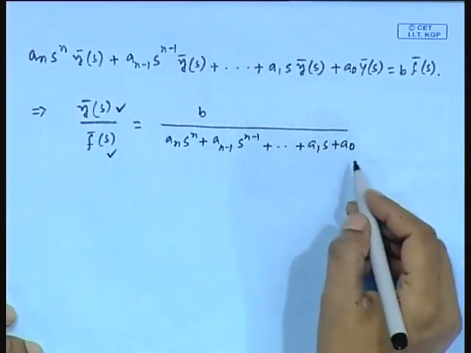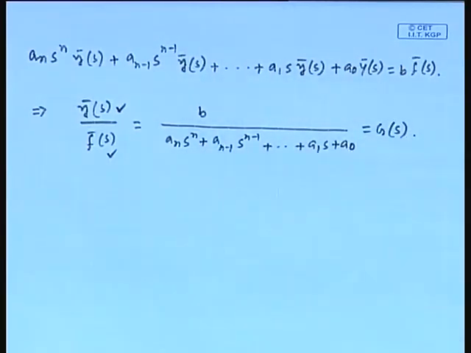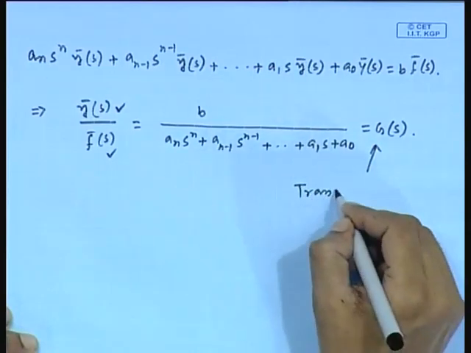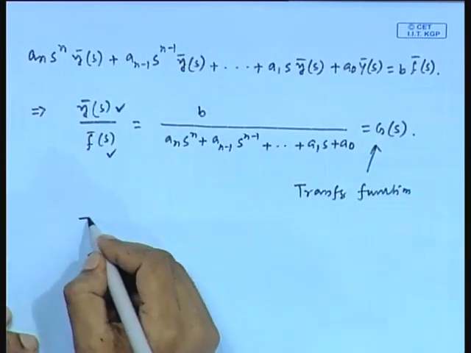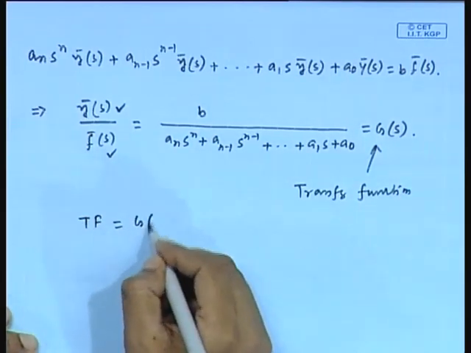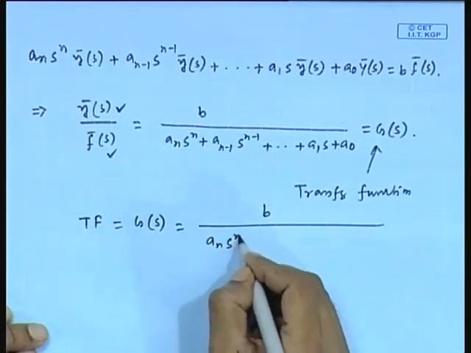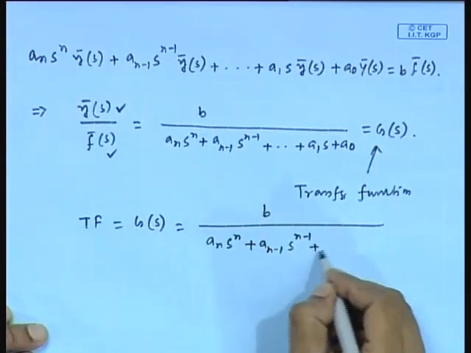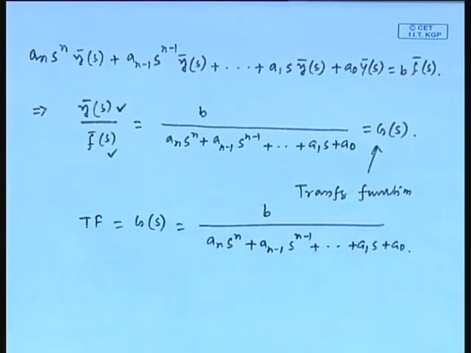This is the right hand side. This right hand side is basically the transfer function, which is represented by G(s). I mean, the transfer function is represented by G(s), and that is b divided by a_n s^n plus a_(n-1) s^(n-1) plus up to a1 s plus a0.